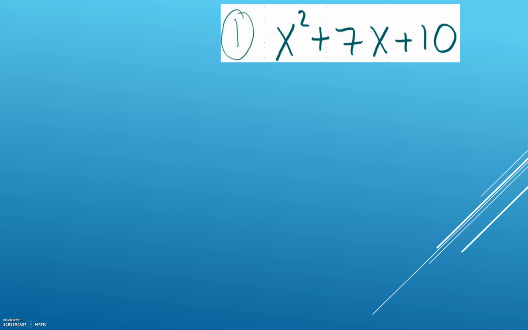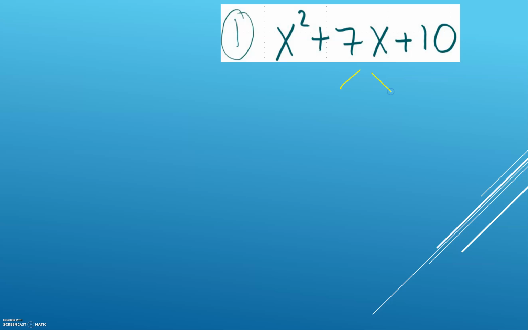So the first one we're going to look at is x squared plus 7x plus 10. When we factor these, we want to look at the first coefficient of x squared, so 1, and multiply it by 10, our constant. So 1 times 10 is 10, and we need to find two numbers that multiply to give us 10 and add to give us 7x.